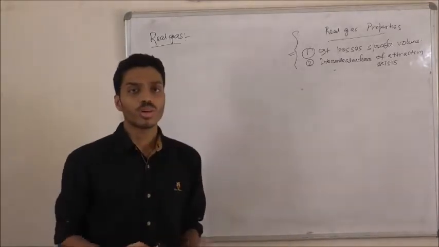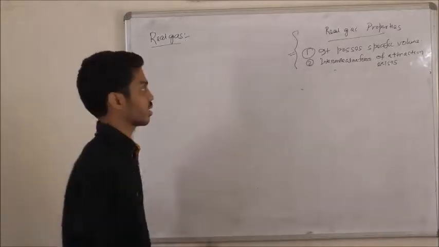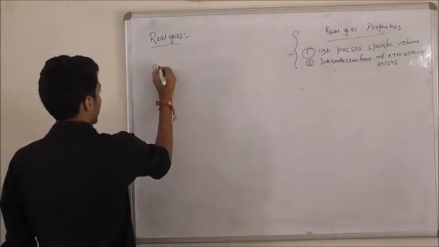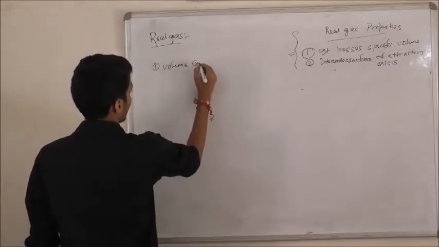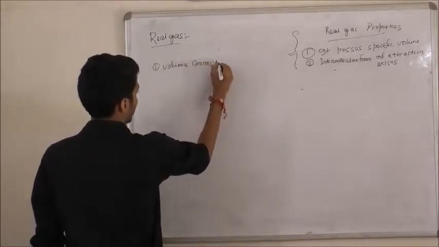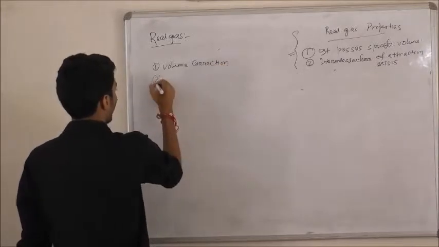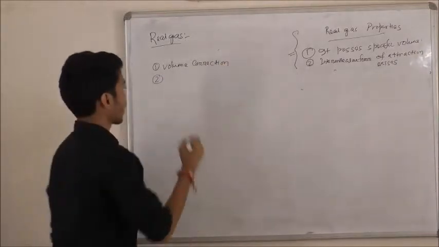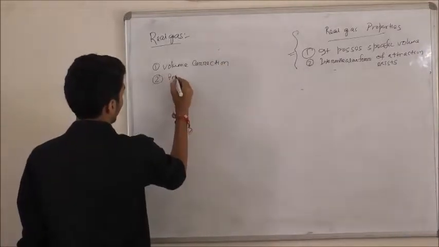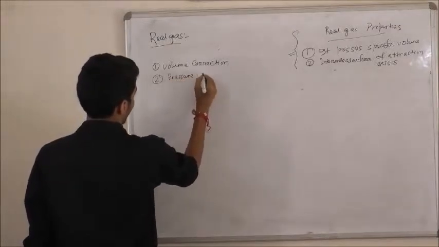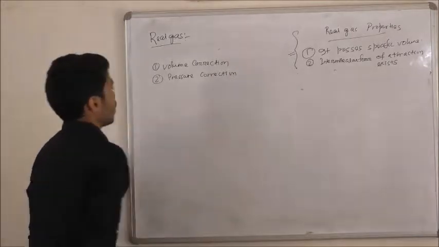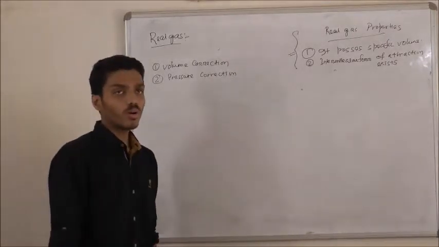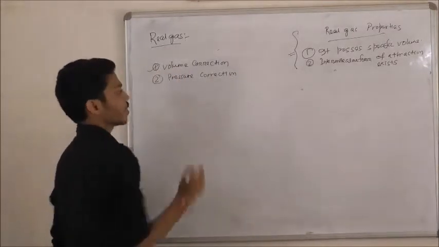As I told, Van der Waals proposed two corrections. The first one is volume correction and the second one is pressure correction. Okay students, so now let's start with the first, volume correction.